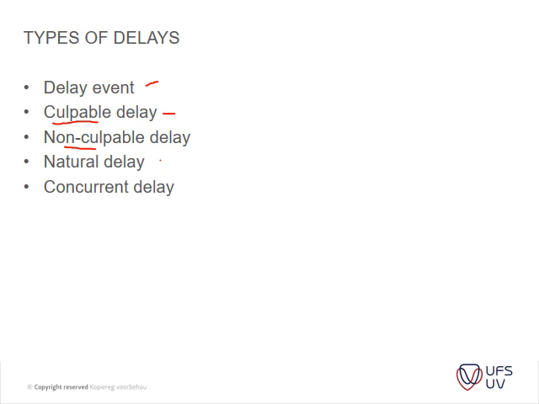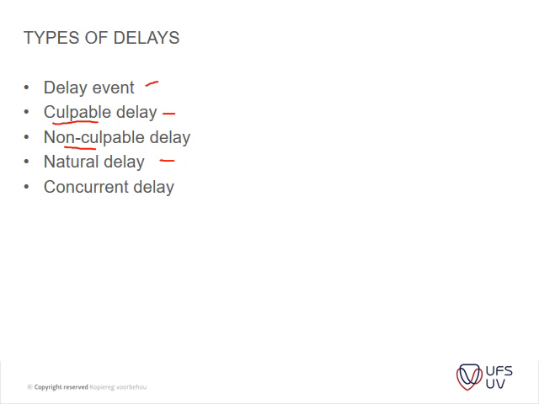And then you've got your neutral delays, and the neutral delays are divided into different sections. This is where the delay is caused by factors beyond the control of either of the contracting parties, but does not mean that neither party bears a risk. Okay. Neutral delays at the contractor's risk are bad weather, late delivery, delay by subcontractors.